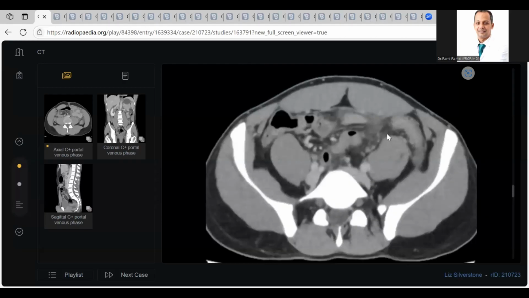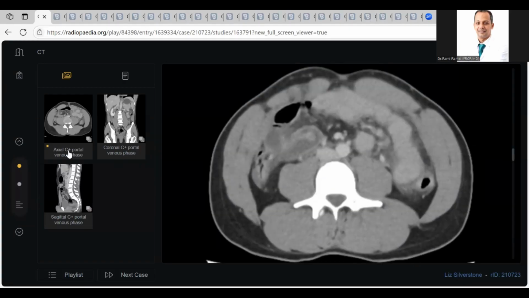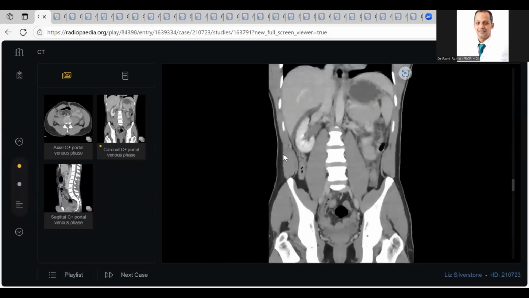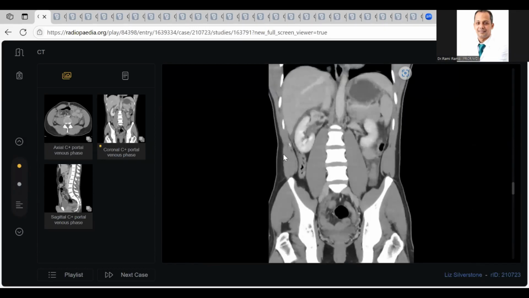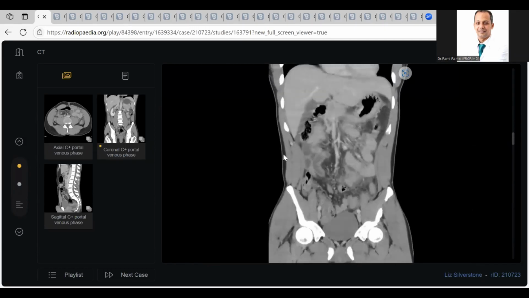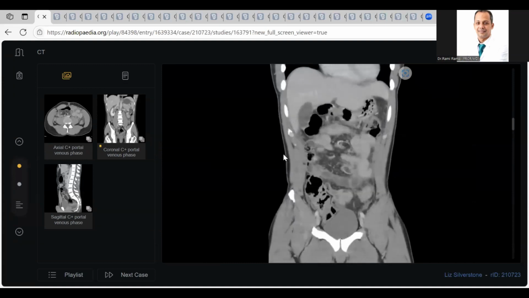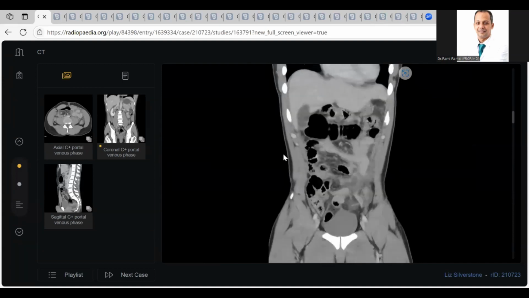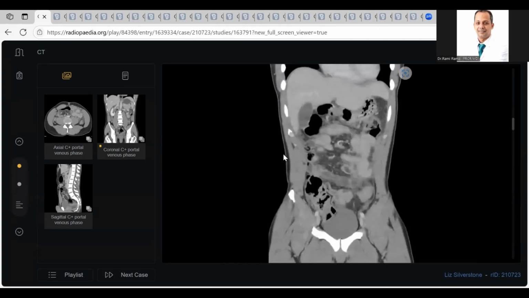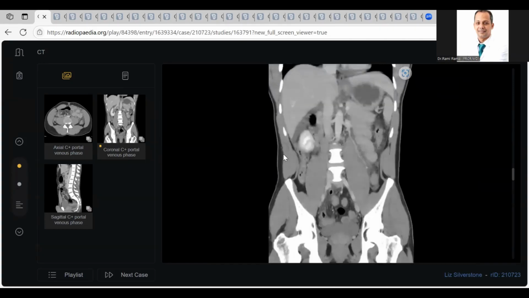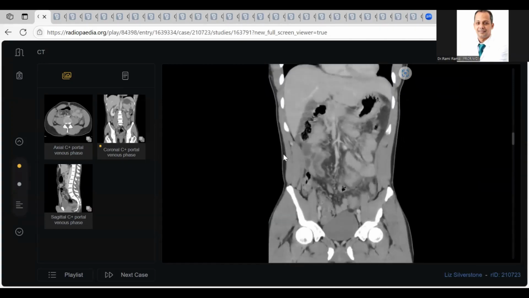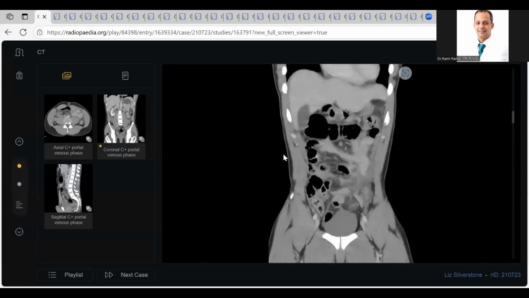See here, doctor. How can we detect the appendix in any patient, even if normal? We go to the ileocecal junction. This is, by the way, not the best case, but generally we go to the ileocecal junction.